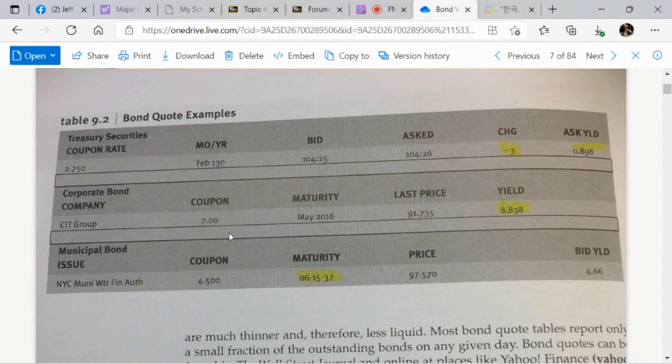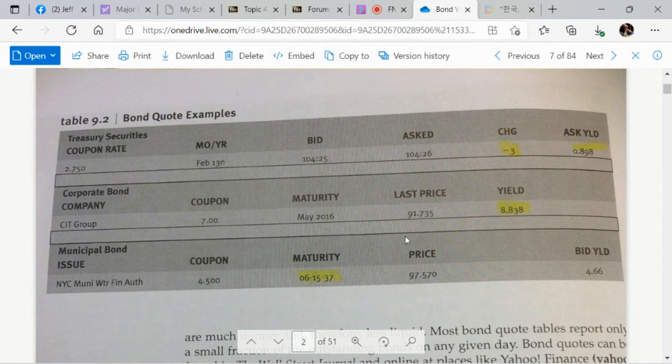The way the price is quoted in the press, in the news media, it's actually a percentage of the face value. So that means the price is 91.735% of $1,000. Then it's easy. The price is $917.35. Okay, everyone? Is it clear?